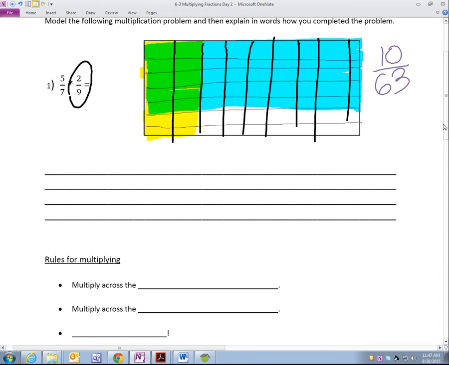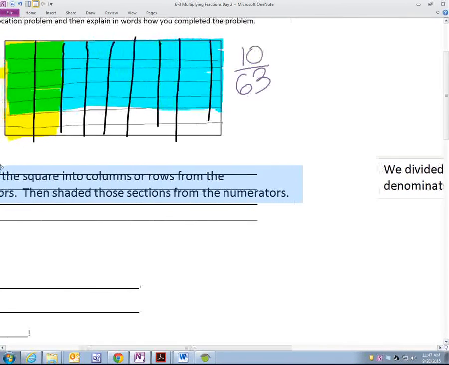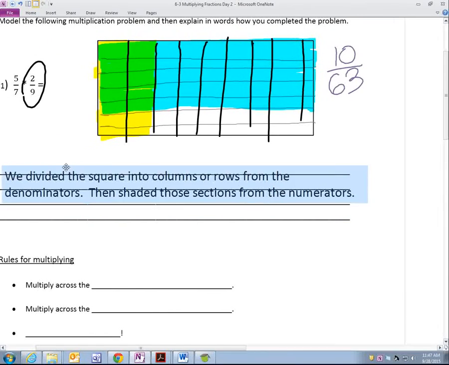Continue. Shade in the numerator. Good. I like it. Very similar to what we did last period.